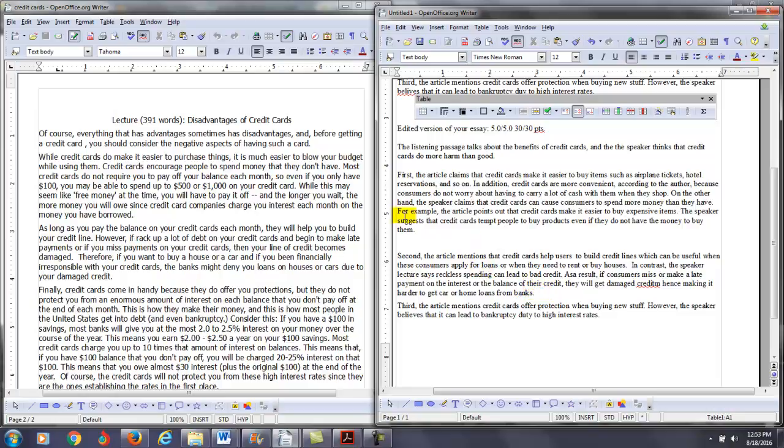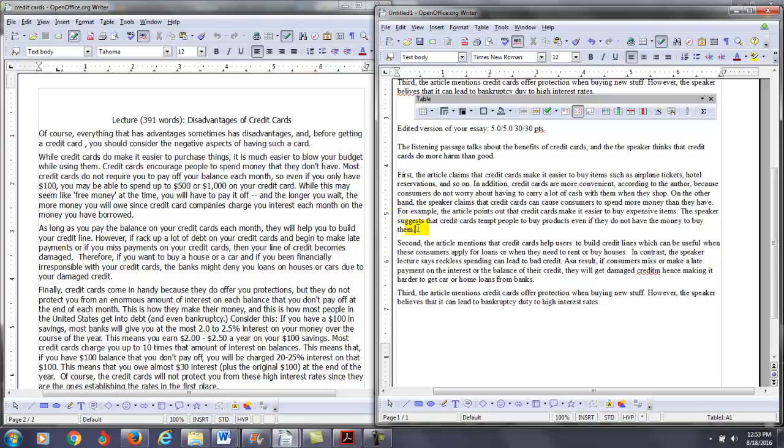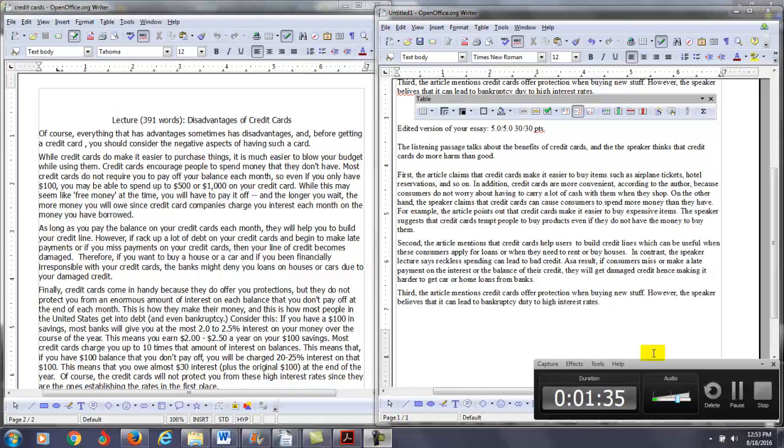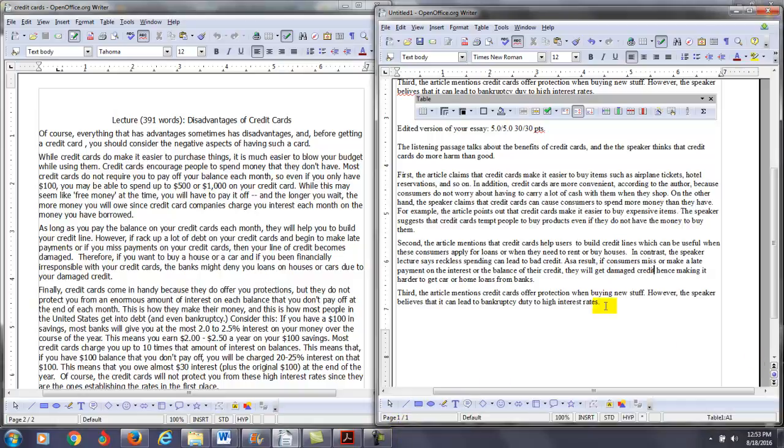So I have to develop the ideas that you have. You have a good understanding, I think, of the reading and the listening passage, but you're not completely explaining the ideas with the development that's expected with this kind of task. Alright, let's read it one more time. So the article mentions that credit cards help users to build credit lines, which can be useful when these consumers apply for loans or when they need to rent or buy homes.